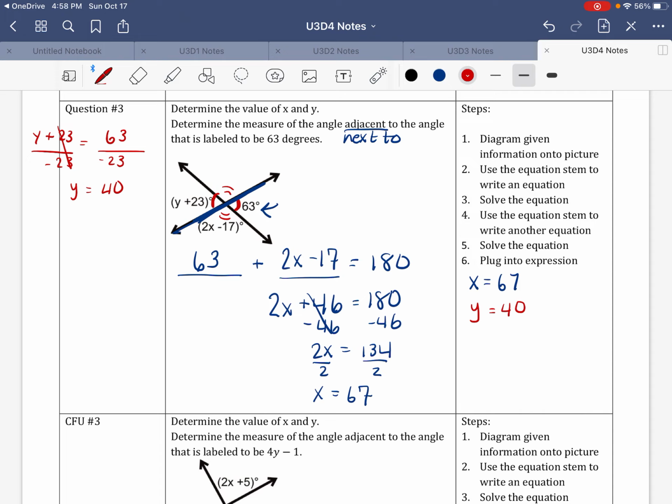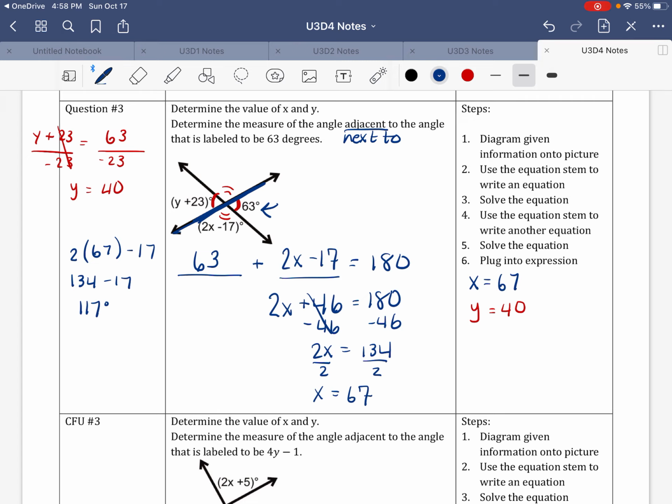There are a couple of different ways that we can figure out what that angle measure is. One is we know that 2x minus 17 is the value of that angle measure. So we can plug in our x value, 67, into 2x minus 17. 2 times 67 minus 17 is going to be 134 minus 17, which is 117 degrees.